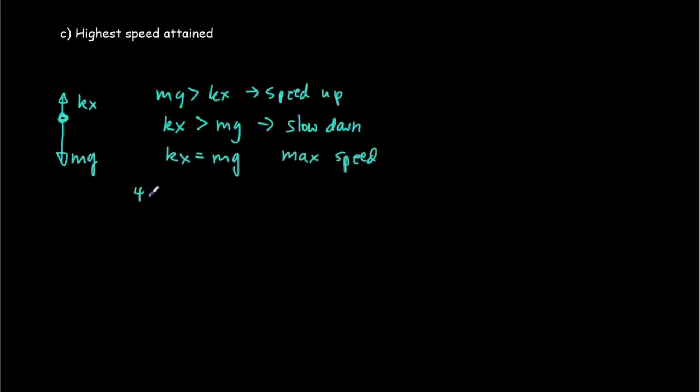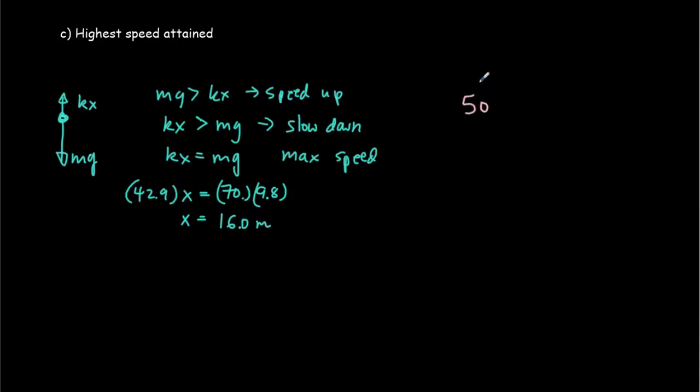So we can say that 42.9 times this x value, where you're going to get maximum speed, will be equal to 70 times 9.8. Work that out, and you get a stretch distance there of 16 meters.